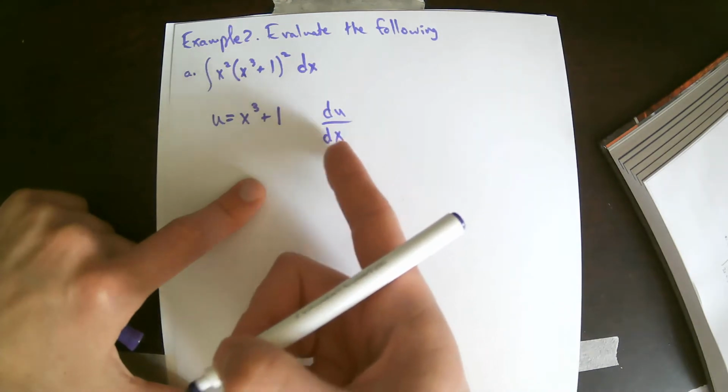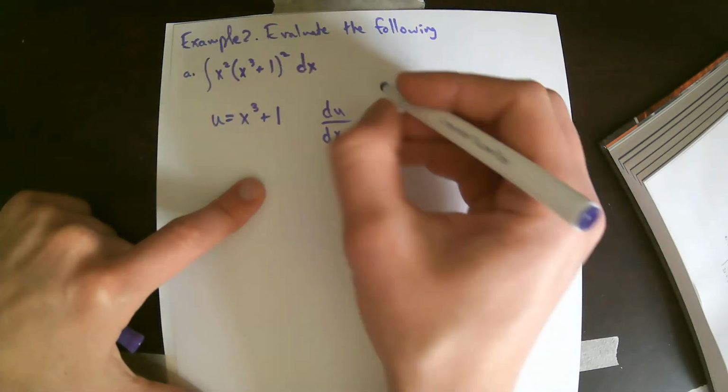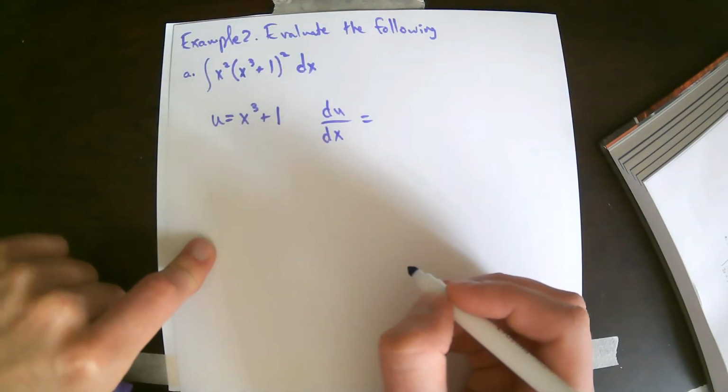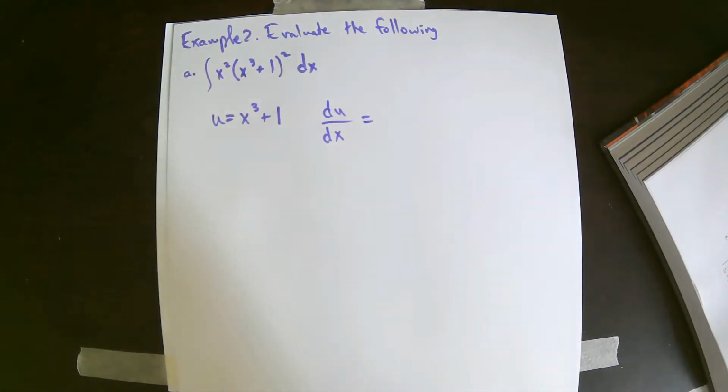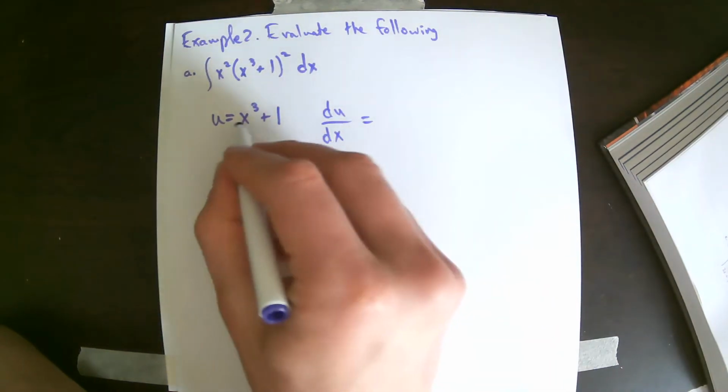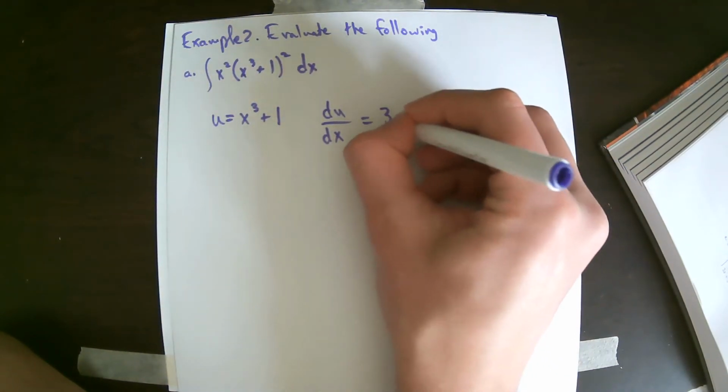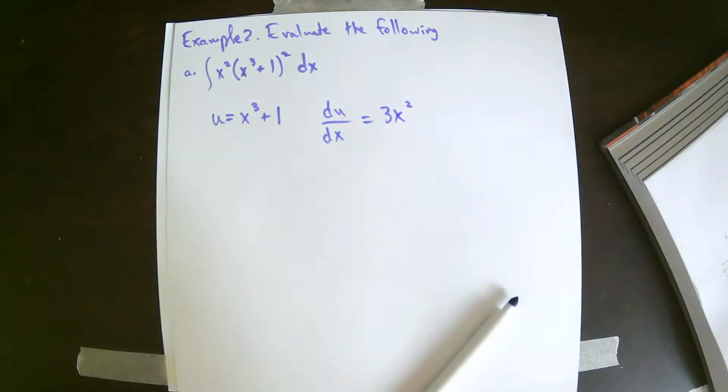The left-hand side, this is the derivative of u with respect to x. Okay, then what is the derivative of this? That's 3x squared.